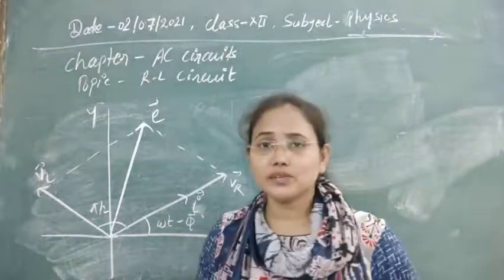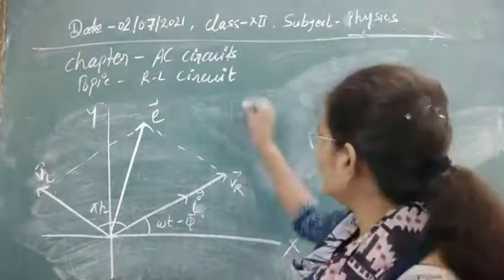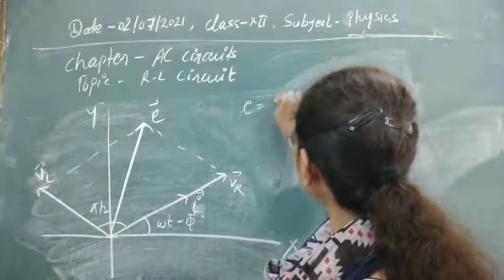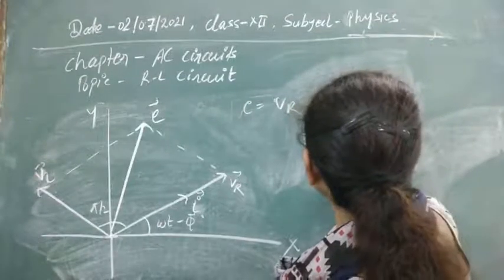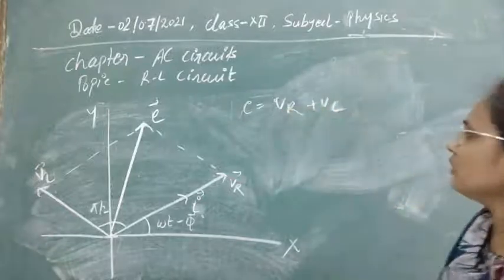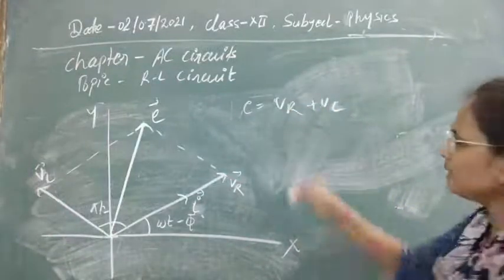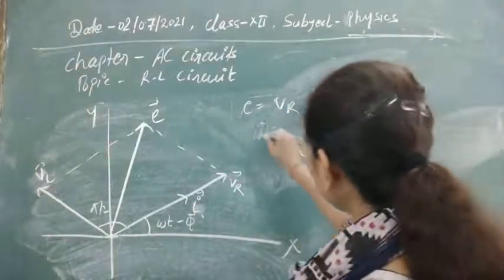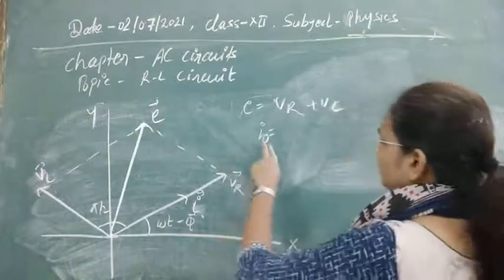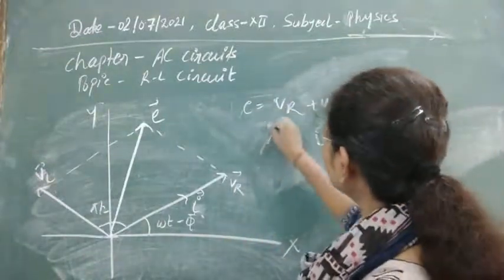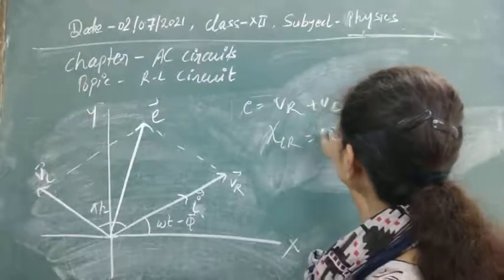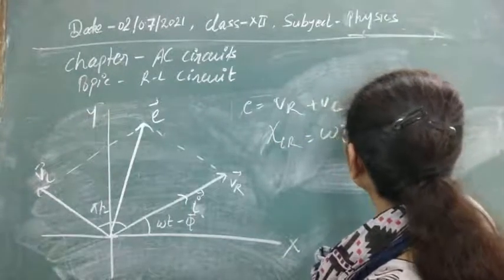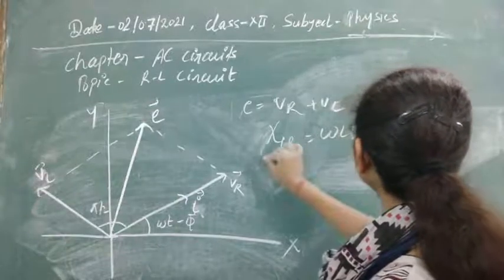For the series combination, the property is that the potential is distributed. So we can write VR plus VL, and from here we can calculate the value of I. And the inductive reactance for the LR circuit is given by omega L plus R.